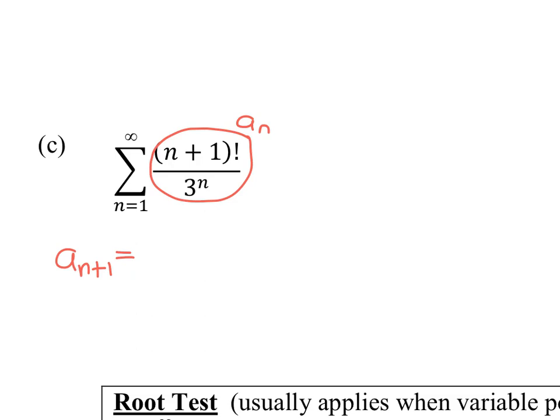So if I were to change this by increasing it by 1, it'd become n plus 2. So n plus 2 factorial over 3 to the n plus 1, I almost said factorial. 3 to the n plus 1 only.